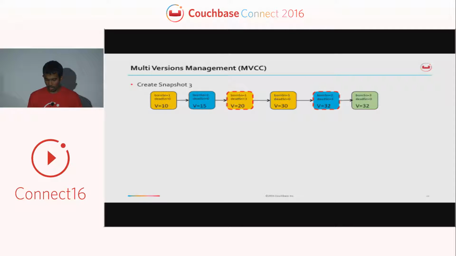I was talking only about inserts here. Now in this particular snapshot 3 case, you can see values 20 and 32, which have red outline boxes. They are actually deletes. What delete does is, instead of modifying the existing born snapshot number, if you're deleting an existing item, it will set the dead snapshot number as 3, which is the current global snapshot number.